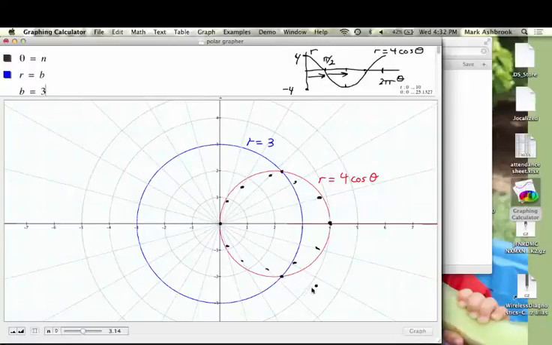Where is the distance from the pole equal to 3? So we would do 3 equals 4 cosine theta. So cosine theta equals 3/4, so we're talking about arc cosine of 3/4.